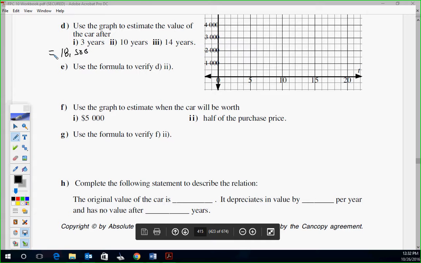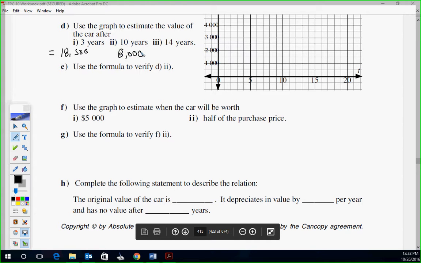What's the estimate on 10 years? If you have your graph made, you should just go up from 10 and see right about where you hit the line.